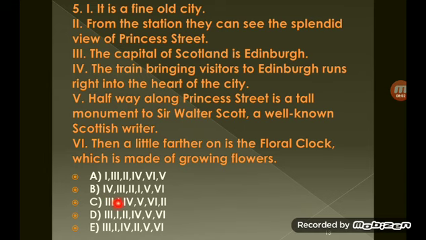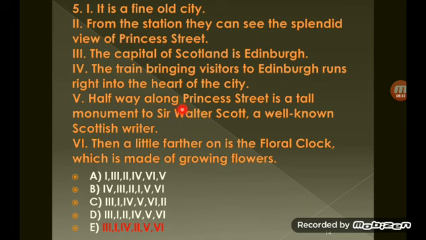See, 3, 1, 4. So the capital of Scotland is Edinburgh. It's a fine old city. Then from this, fourth option is, the train bringing visitors to Edinburgh runs right into the heart of the city. And then because they were talking about the train here, so from the station they can see the splendid view of Princess Street.